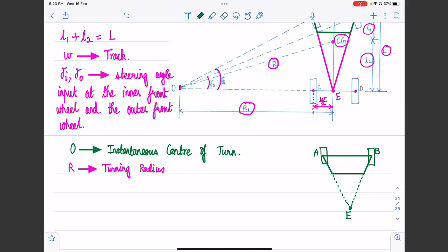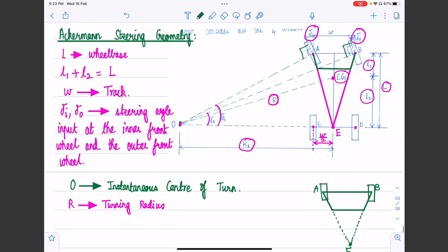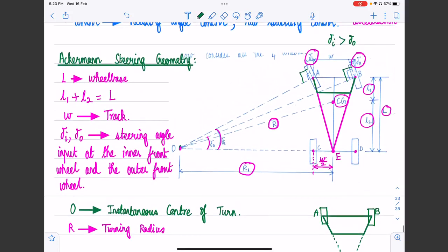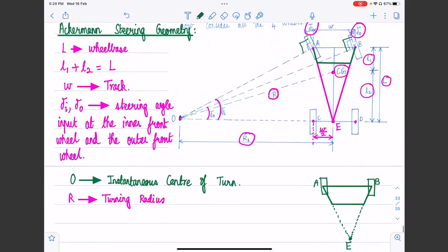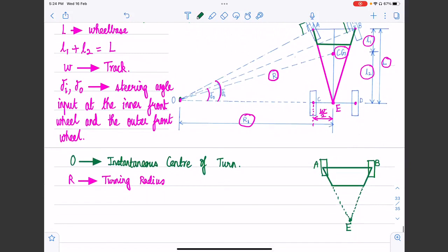I think both questions are very important. In fact, I should have explained that delta I, delta naught difference. Thanks for raising it. We are going to learn about the trapezoidal steering mechanism in the next class, but this is how Ackermann postulated it. Okay, sir. Thank you.